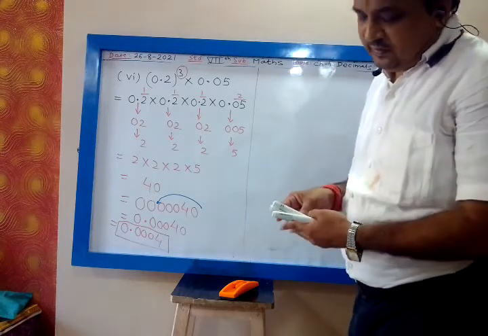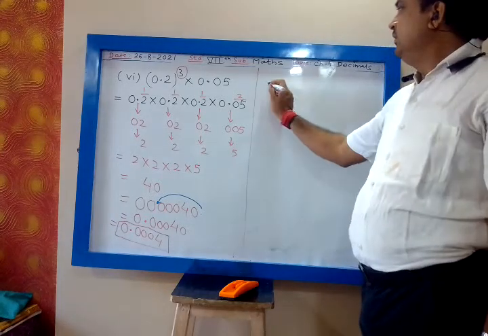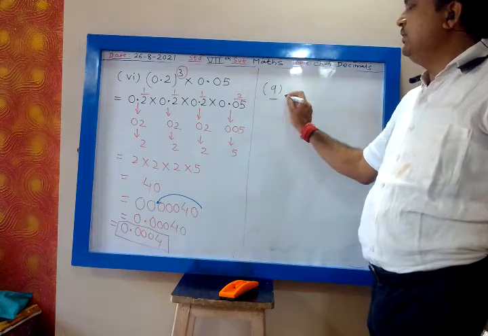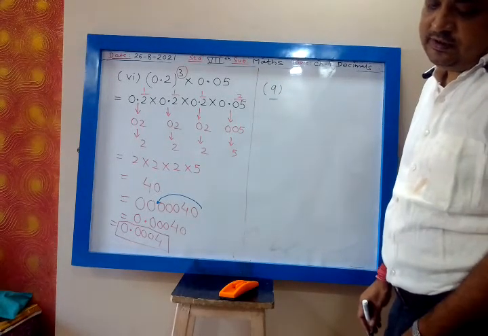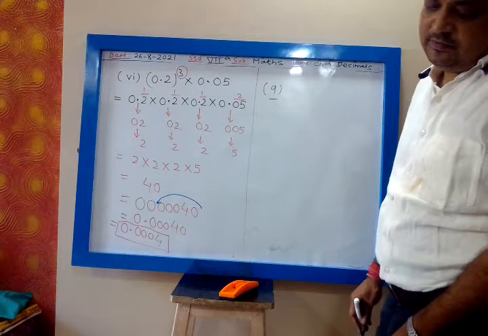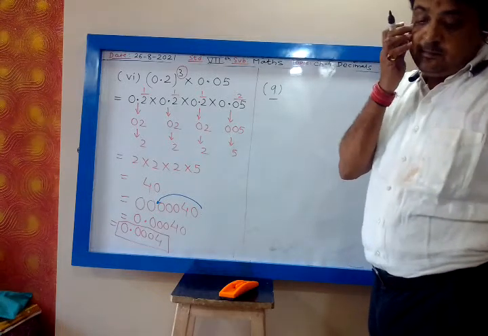Okay, now ninth one. Find the cost of 36.75 kg of wheat at the rate of, per kg.